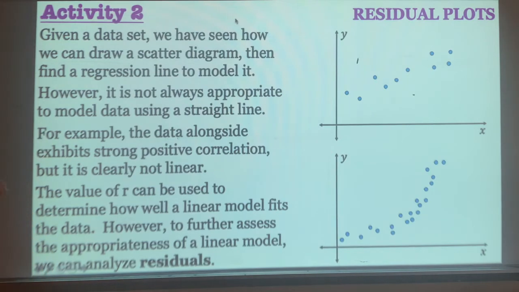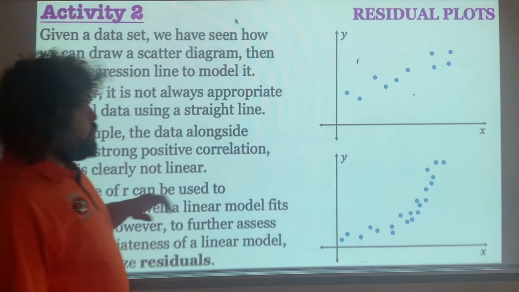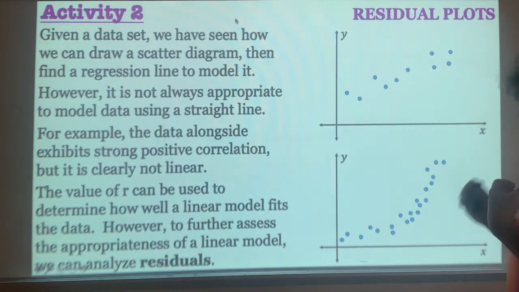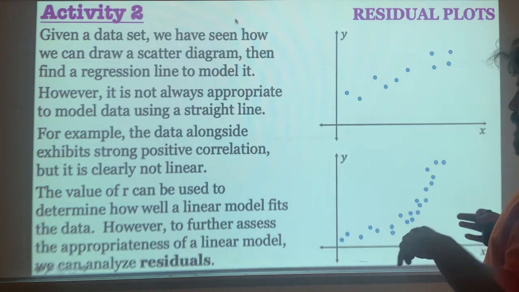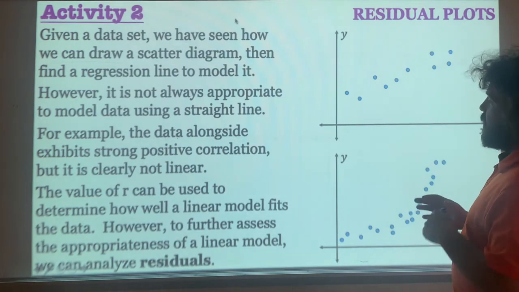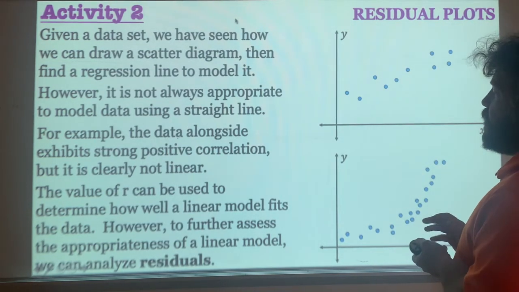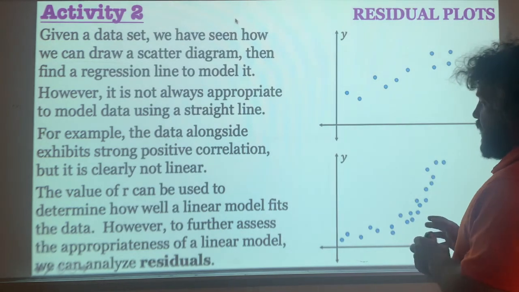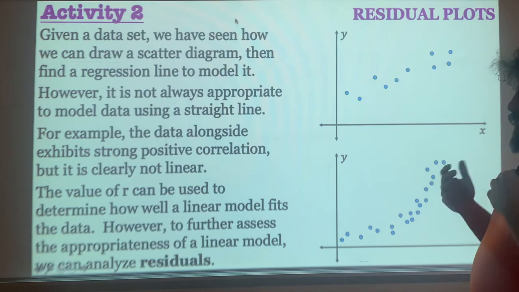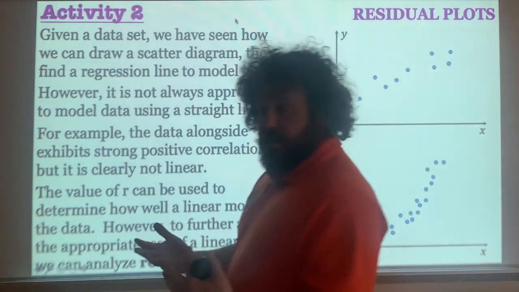For example, the data alongside, right here, exhibits a strong positive correlation, but is clearly not linear. The value of R can be used to determine how well a linear model fits the data. However, to further assess the appropriateness of the linear model, we need to analyze something called residuals.